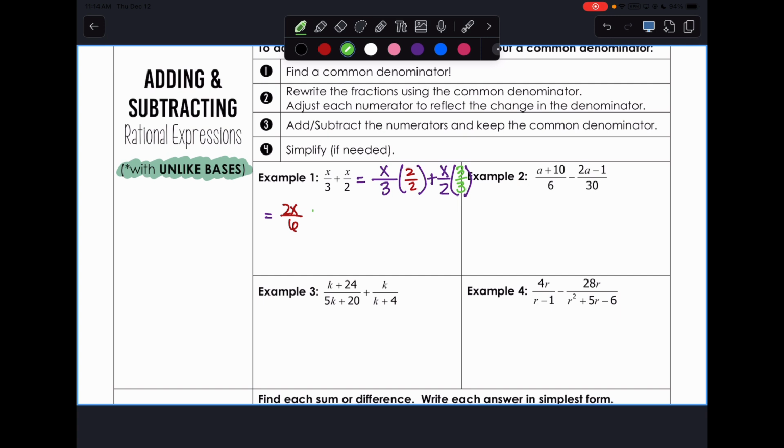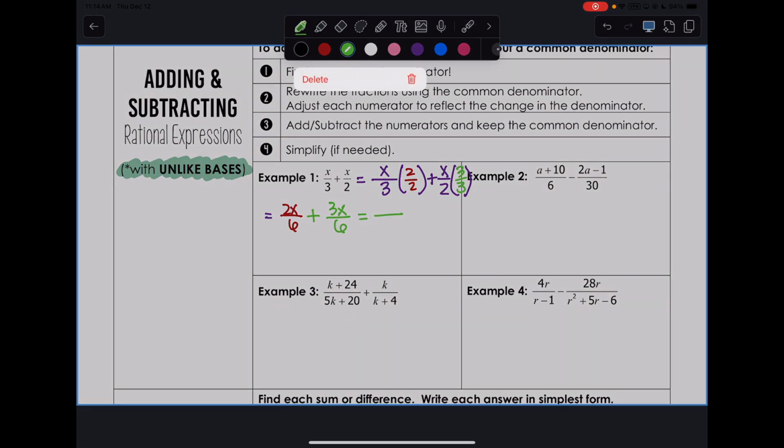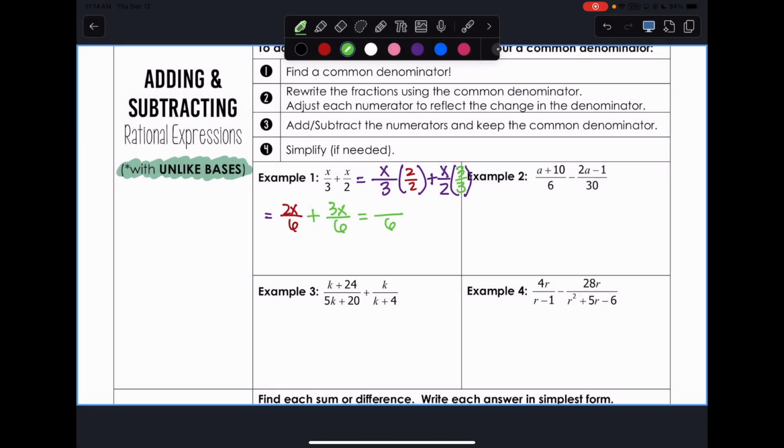So we have plus 3x over 6. Now we can combine. Do I get 12 as my denominator or 6? 6. And then 2x plus 3x is 5x. Nothing else to simplify. We're done.